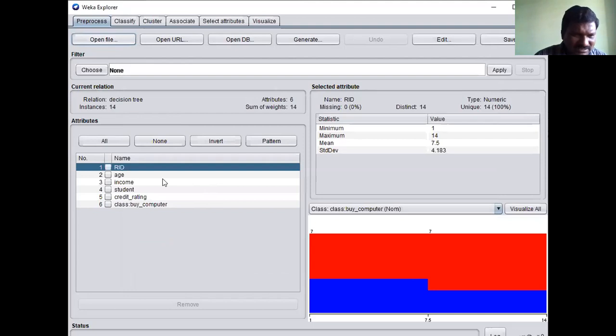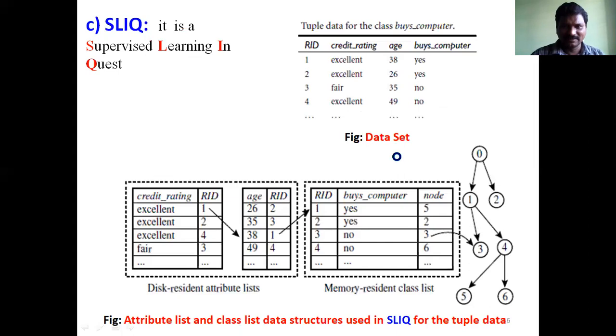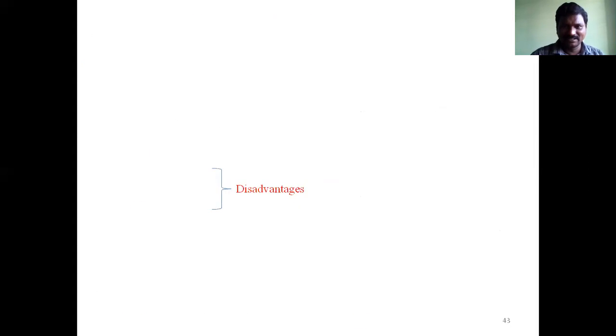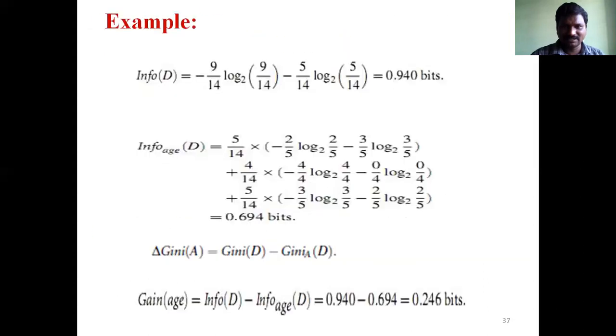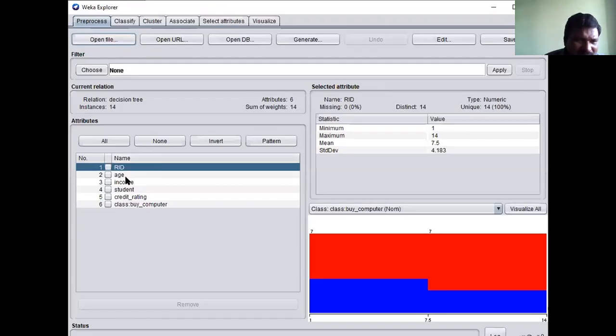Then I am taking the decision tree. Here the decision tree consists of the same data as the previous decision tree induction methods. This is the decision tree sample data. I prepared the same data. The data consists of RID, age, income, student, credit rating, and the class buys_computer.